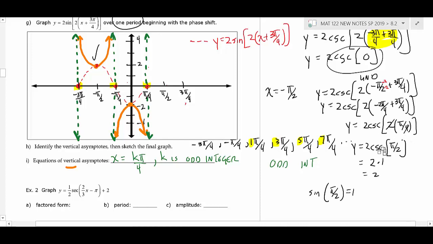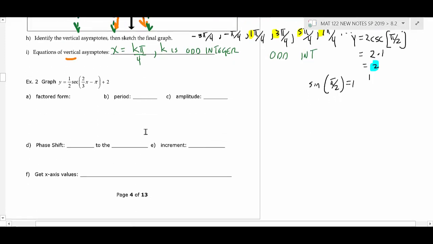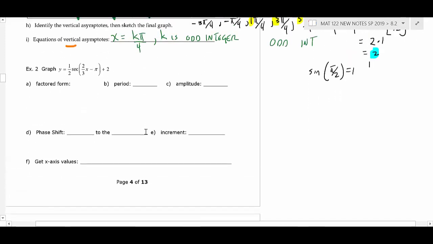The cosecant of pi over 2 is 1, so 2 times 1 is 2, and that matches the y value. So I showed that at -3 pi over 4, you're undefined, and at -pi over 2, you're equal to 2. That's the idea. Let's move on and do a secant example.